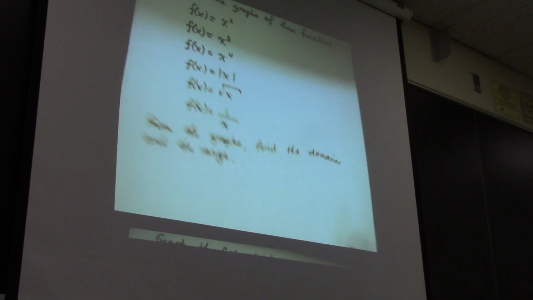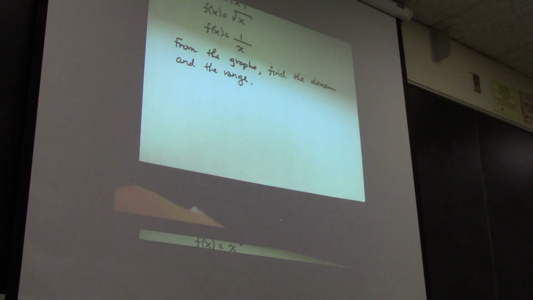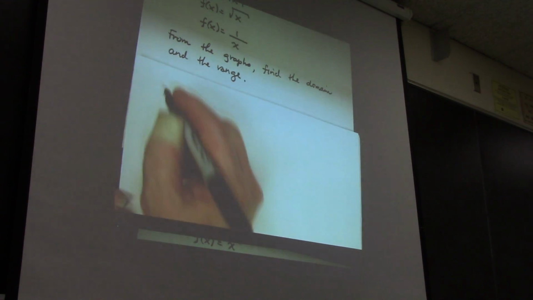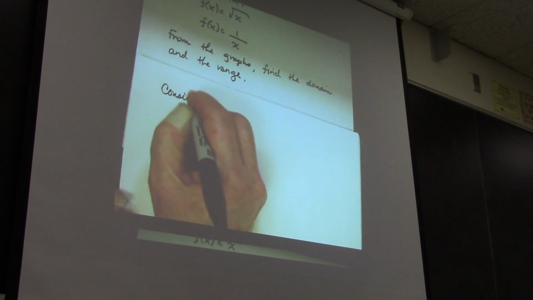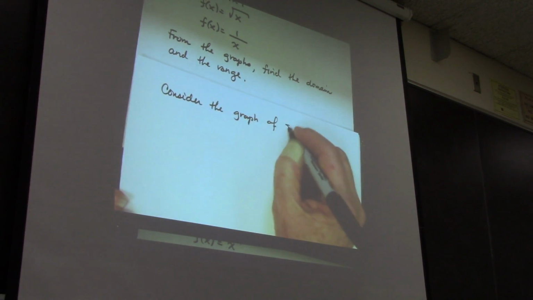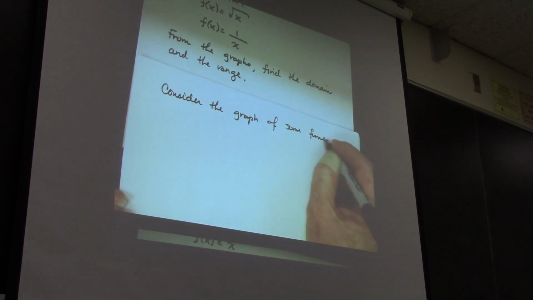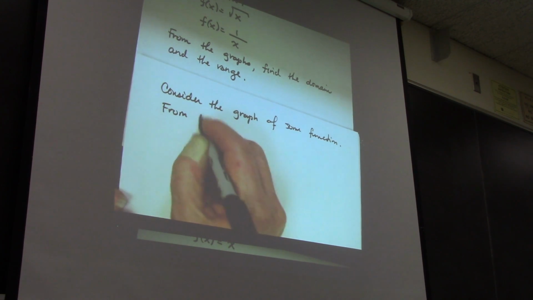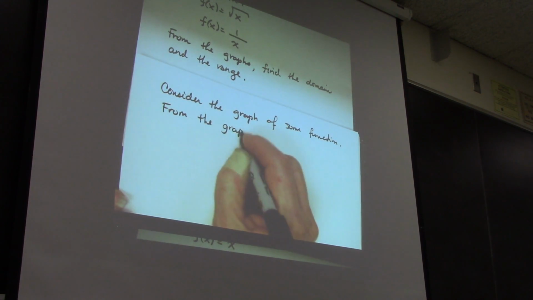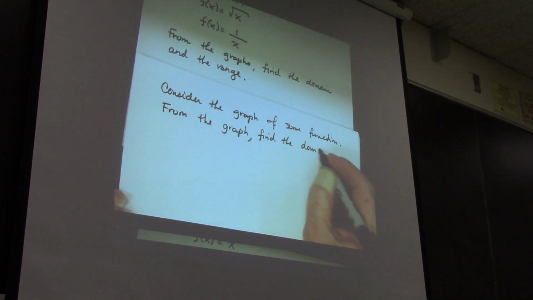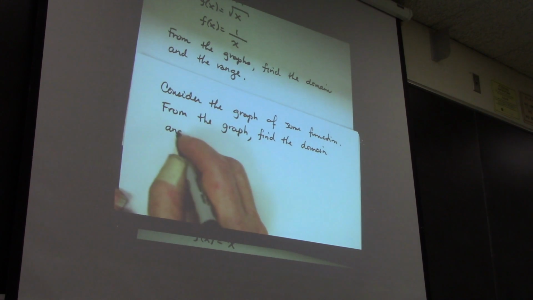Now, let me just draw some arbitrary function, and from this graph, let's see how we can find the domain and the range. So let's consider the graph of some function. I'm not even going to give us a formula for it. From the graph, find the domain and the range.